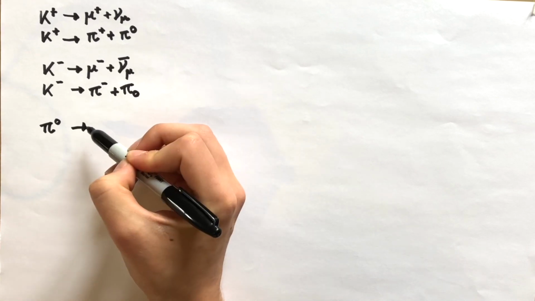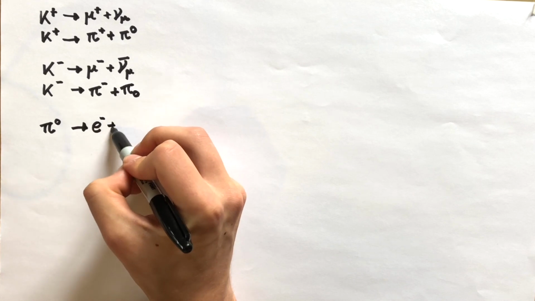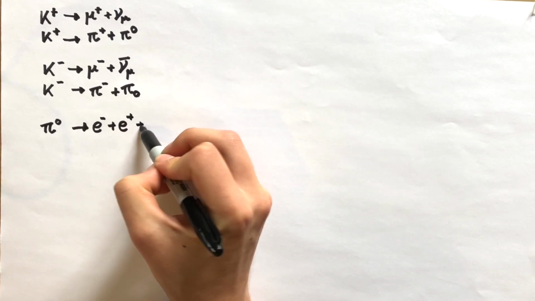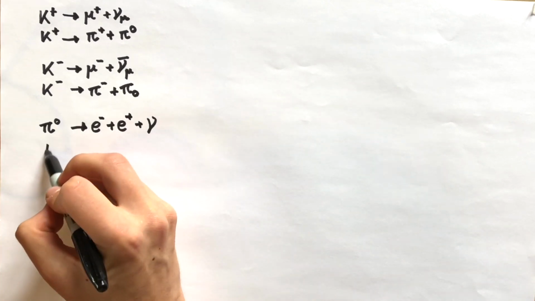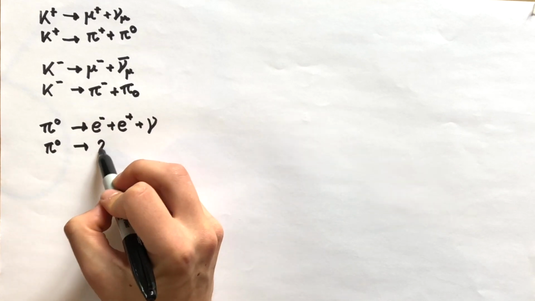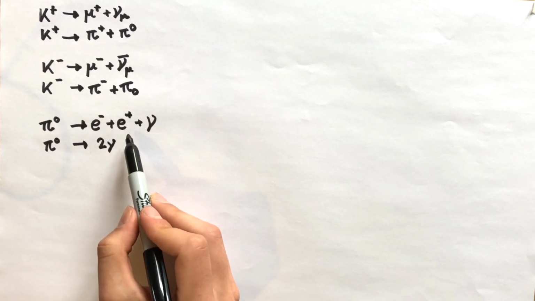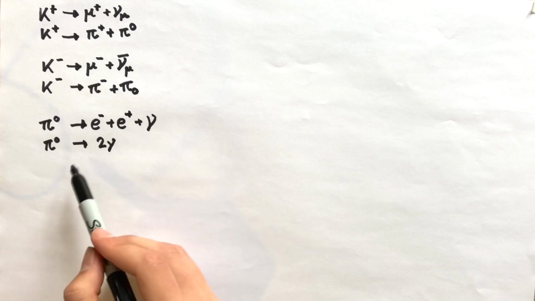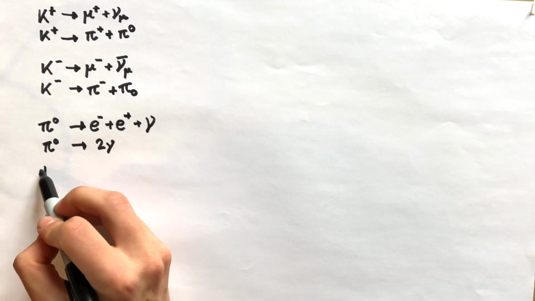Well, that can either be converted into an electron, a positron, plus also a gamma photon, or it can simply be converted into 2 gamma photons. So rather than having 2 particles plus a gamma photon, I can have 2 gamma photons. And what about the charged pions?